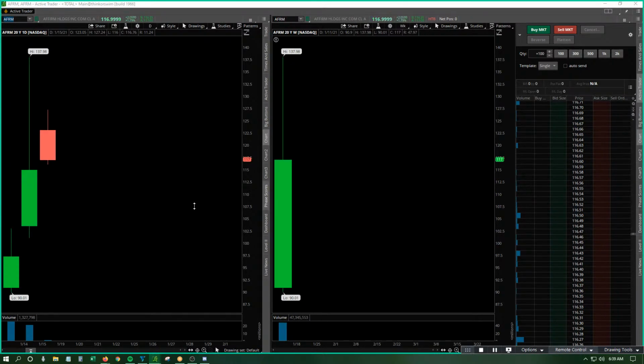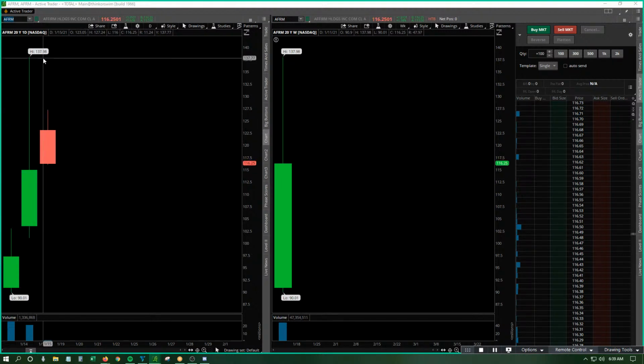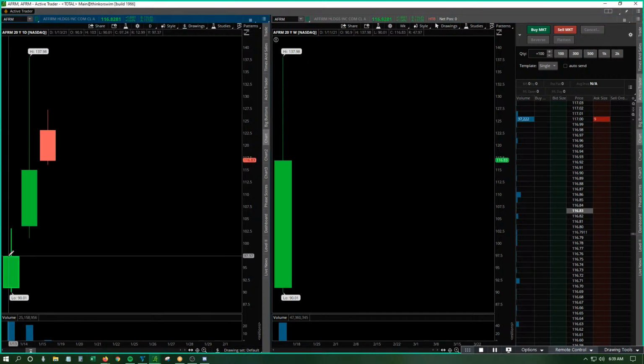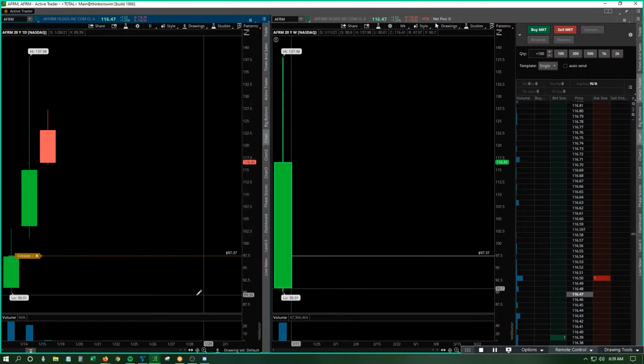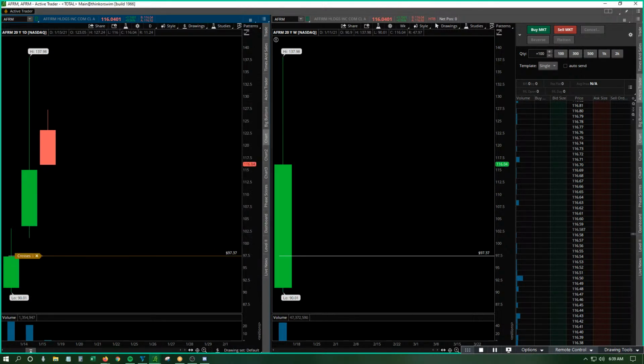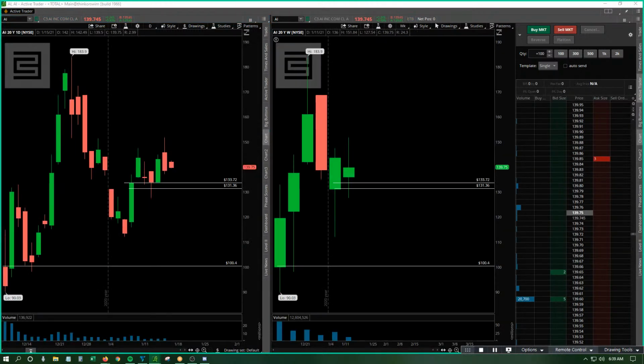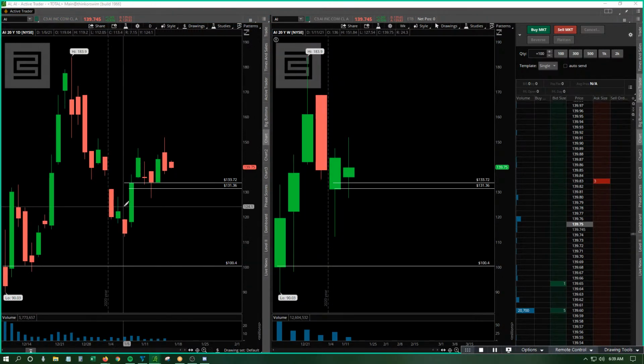Firm Holdings just IPO'd 3 days ago. Yesterday set a high of almost 138, now we're pulling back. If we do anything, we'd wait for a gap fill down there. Create a little alert, keep an eye on it. AI, another recent IPO, just consolidating right in here, this 140, 130 level. Not doing a whole lot.